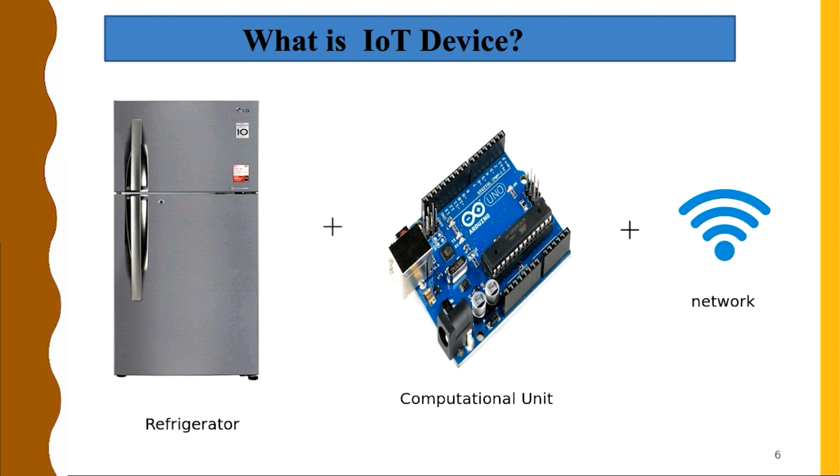But nowadays refrigerators are coming with a display. That display indicates the quantity of fruits, the quantity of vegetables, the quantity of butter, the quantity of eggs.